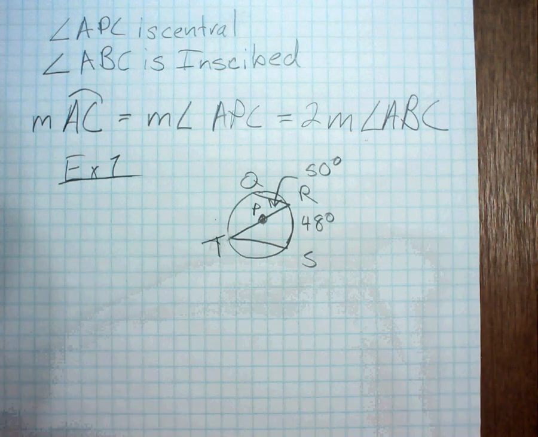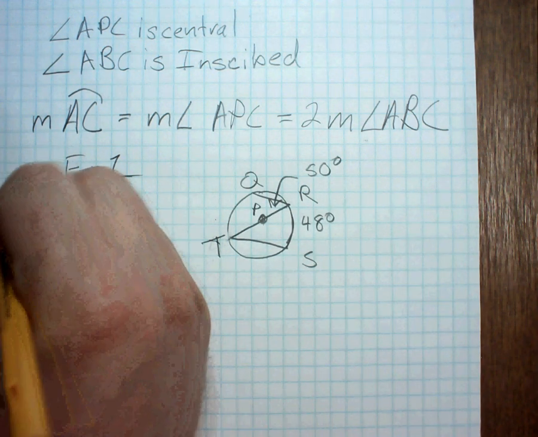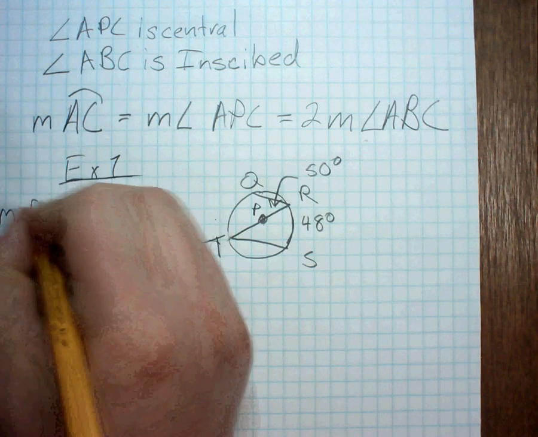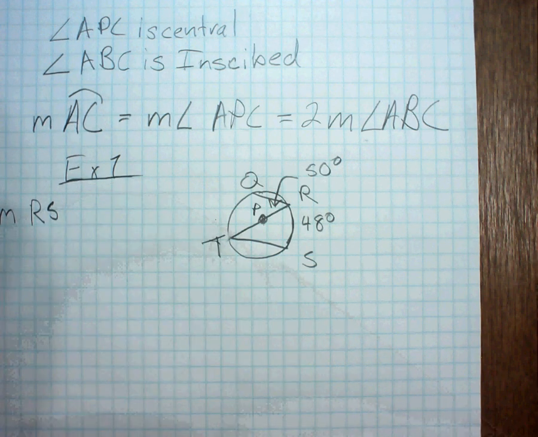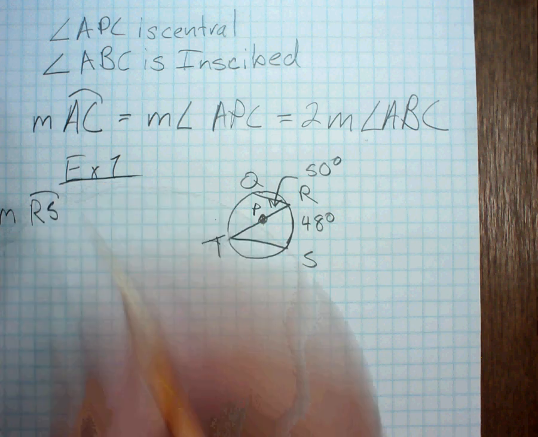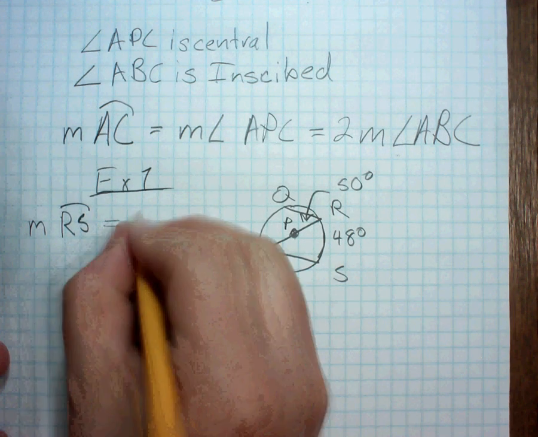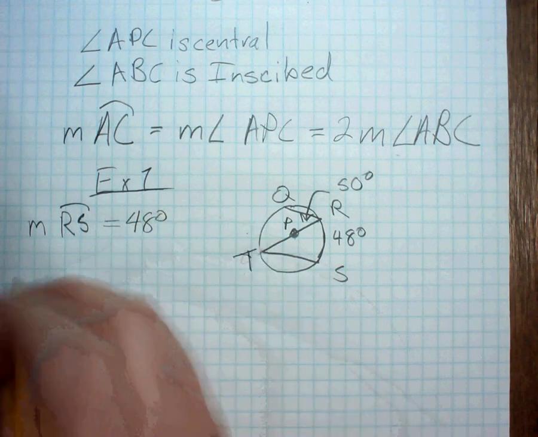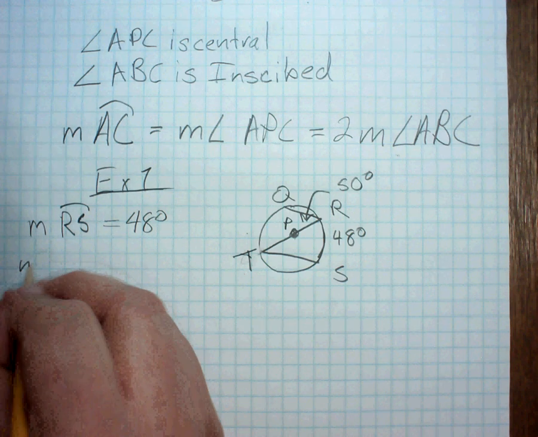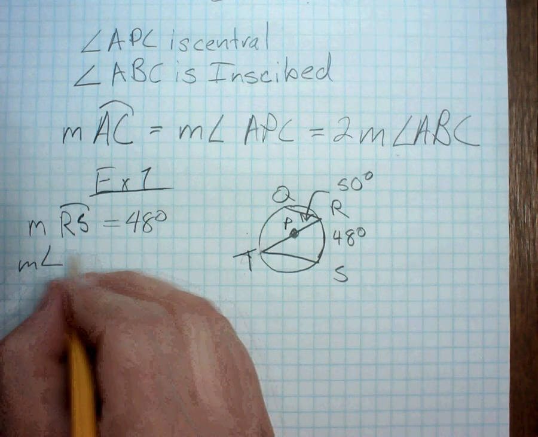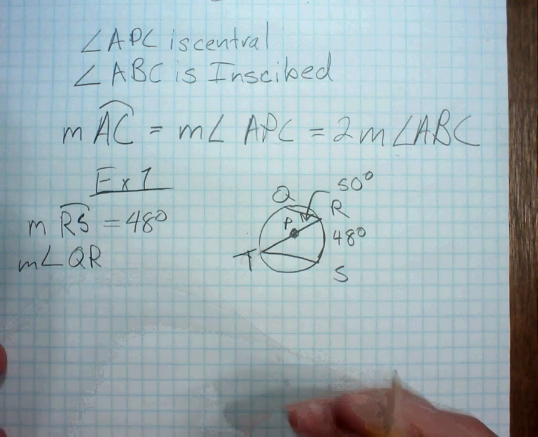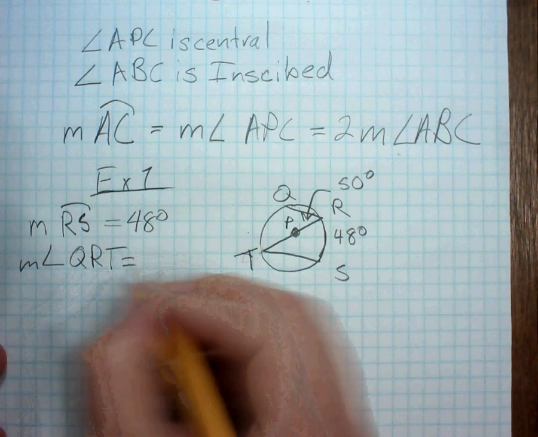So if I were to write that, I would say that the measure of the arc RS is equal to 48 degrees, and that the measure of angle QRT is equal to 50 degrees.